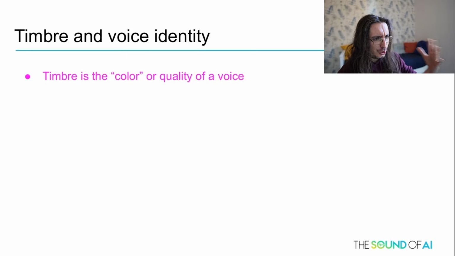So you play the same note, the same pitch in a piano and in a flute. And even if the pitch is the same, so the frequency is the same, the duration of the note is the same, you're gonna hear that note slightly different. And that difference is the color of the sound, is the timbre of the sound.